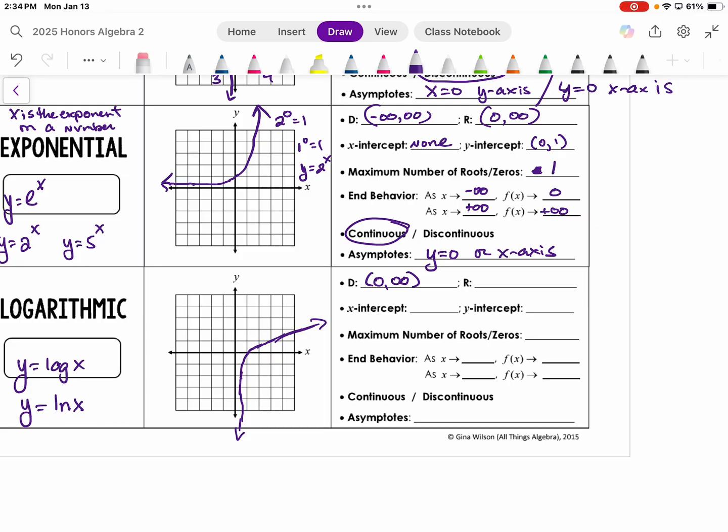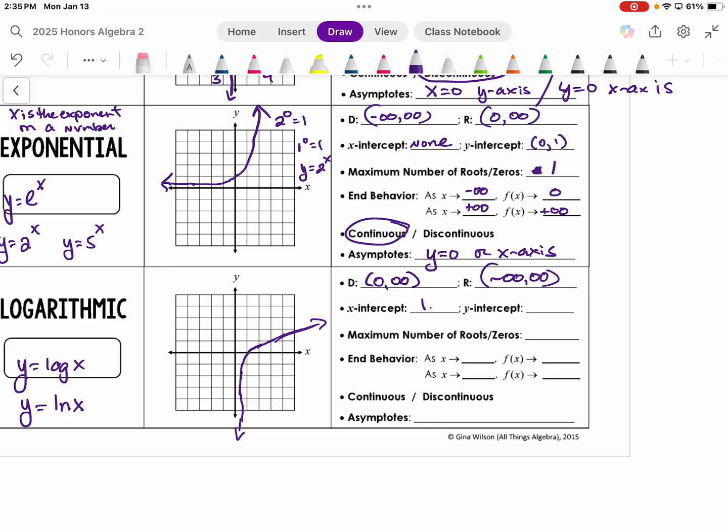On the left-hand side, you'll see a LOG button and an LN button. Press the LOG button, hit 0, hit enter. It's going to say error, maybe a dimension error or something along that line. Range, negative infinity to positive infinity.